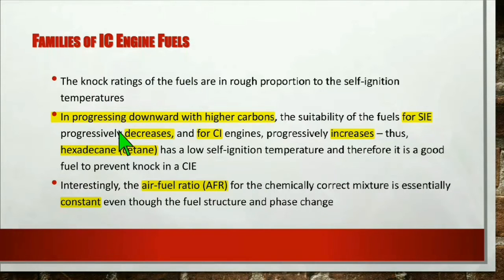In progressing downward with higher carbons, the suitability of the fuels for SI engines progressively decreases and for CI engines progressively increases. Thus, hexadecane or cetane has a low self-ignition temperature and therefore it is a good fuel to prevent knock in a CI engine.